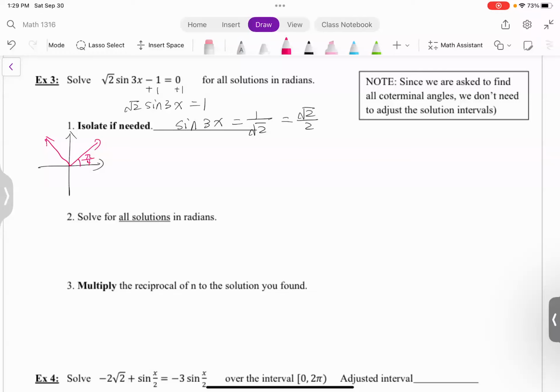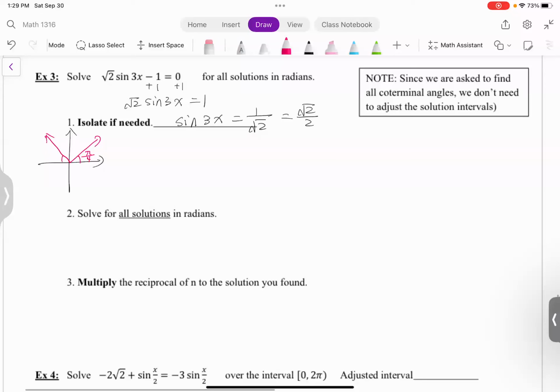From the picture, I can tell 3x equals pi over 4, or 3x equals pi minus pi over 4, which is 3 pi over 4. I got 2 solutions. And then we say there's no bound.